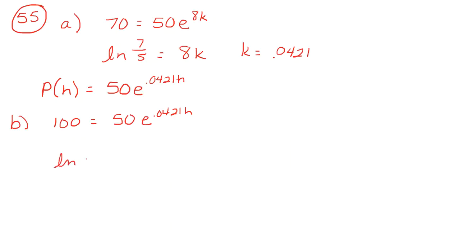So we end up with the natural log of 2 equals 0.0421h times the natural log of e, which is just 1. So dividing both sides, we found that h is approximately 16.5 hours.